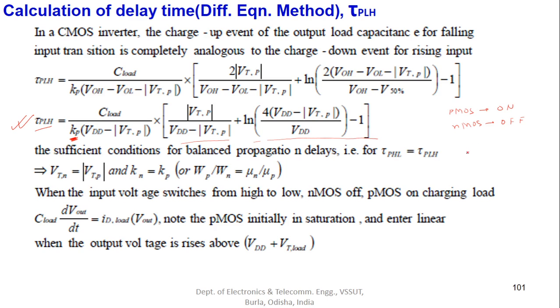Actually, for most of the time you will find that the values of tau PHL and tau PLH are of different values. But for some balanced propagation delay, we can make these delays equal under some conditions.